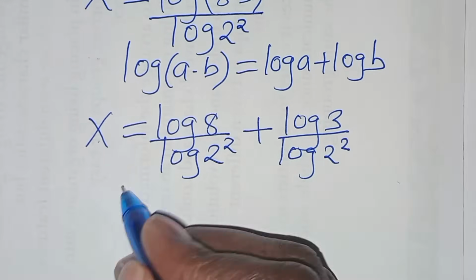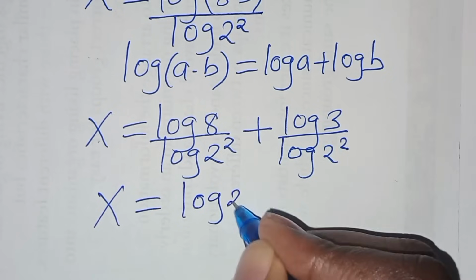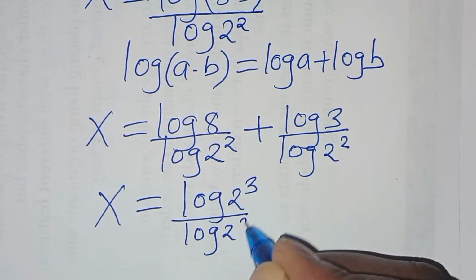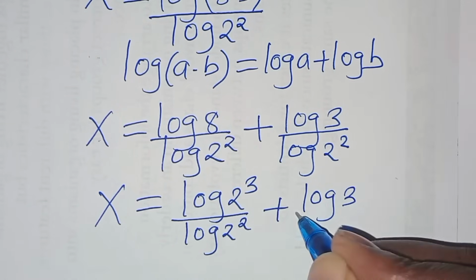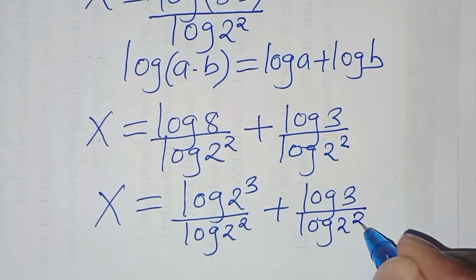Now this is the same thing as x equals log 8, which is log 2 to the power 3, divided by log 2 to the power 2, plus log 3 divided by log 2 to the power 2.